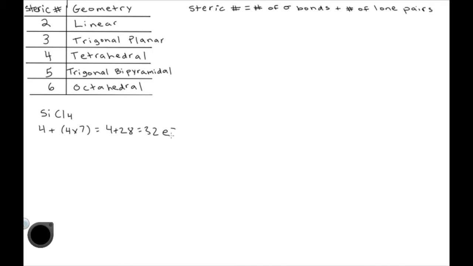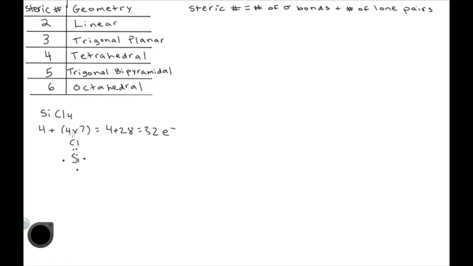So we draw the Lewis symbol for silicon. Silicon has 4 electrons surrounding it, 1 on each side. And then next we connect the 4 chlorines to the silicon using covalent bonds. So now let's go ahead and connect our chlorines.